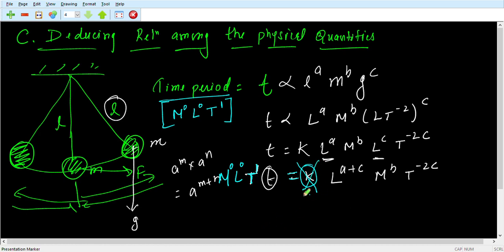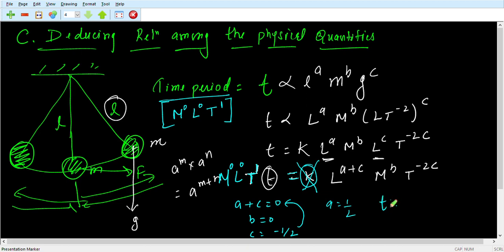By comparison, you can see that a plus c is 0, b is 0 and c is equal to minus 1 upon 2. Once you put this value in, you will get a equal to 1 upon 2. So now we know how the length, mass and acceleration due to gravity are related to the time period.